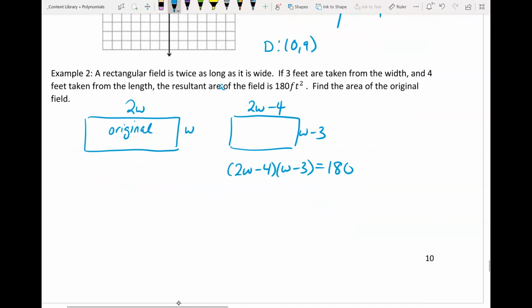Now I'm going to expand and simplify and solve for W. So 2W squared, then we have 2W times negative 3, negative 4 times W, negative 4 times negative 3. Going to rearrange and collect my like terms. Sorry, these are supposed to be W's.